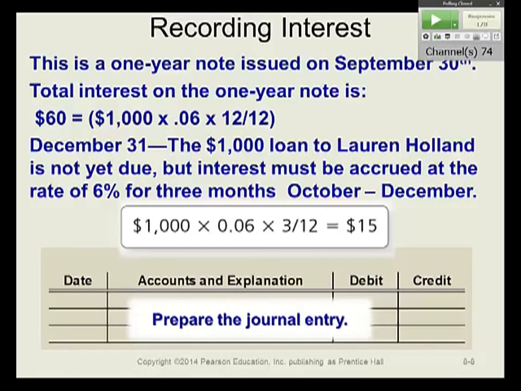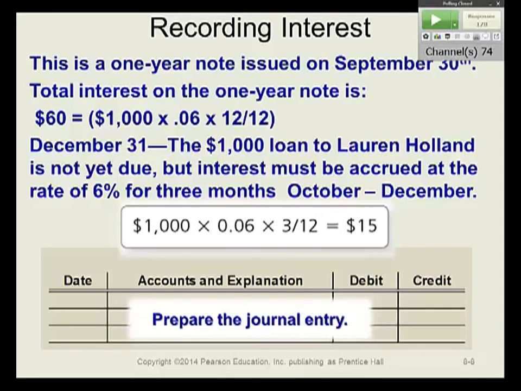So just as we always looked at back in Chapter 3, out of that $60 of interest, $15 is earned in 2013, and the rest is earned in 2014.